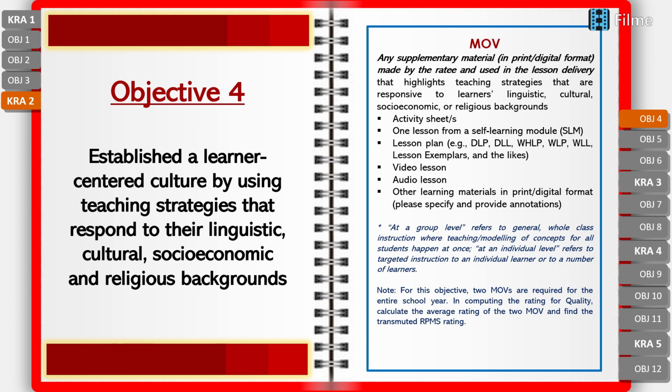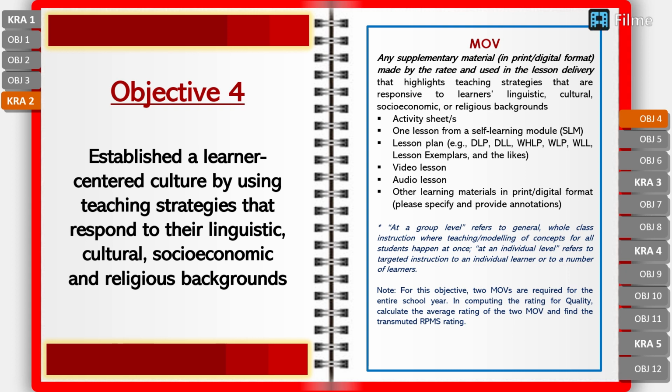You may use activity sheets, one lesson from a self-learning module, lesson plan, video lesson, audio lesson, or other learning materials in print or digital format, and provide the annotations.